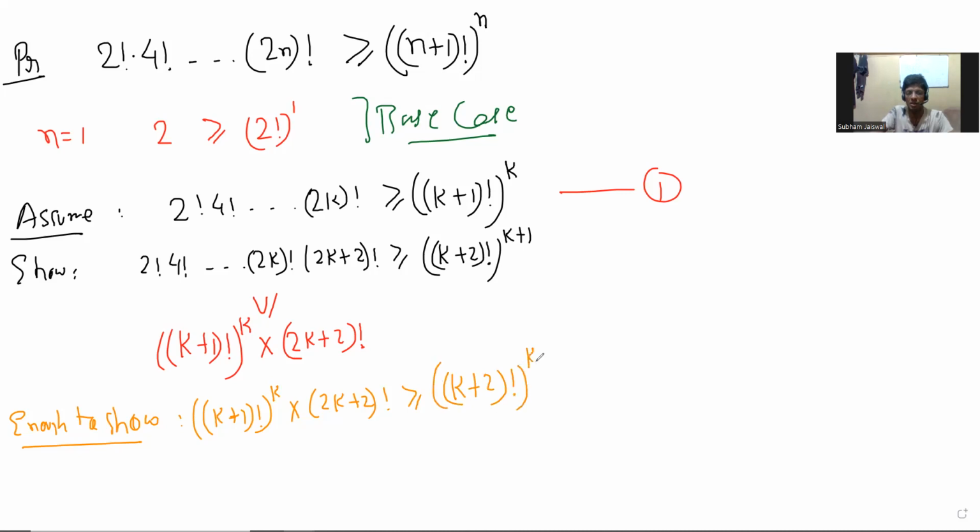I think now it's all about simplifying this inequality, some cancellations. Because I think if we do some cancellations, then what we get finally will be just something simple, something obvious, maybe. So what do we cancel in this?